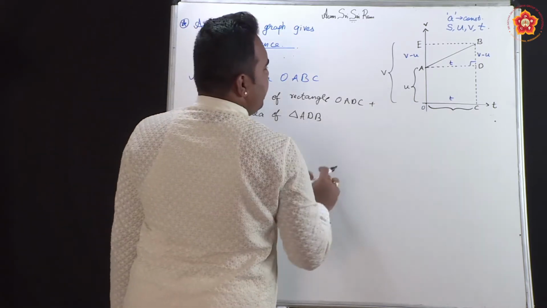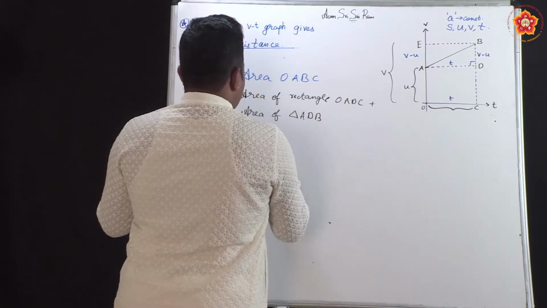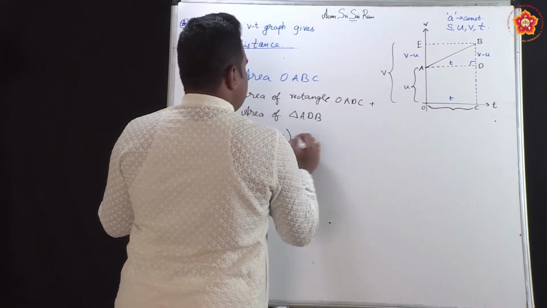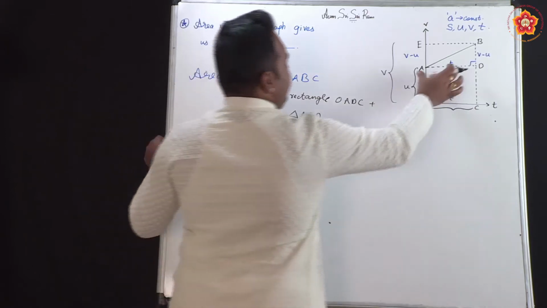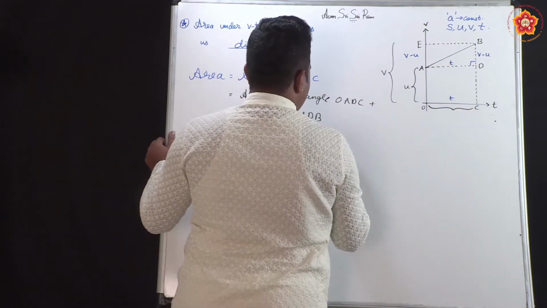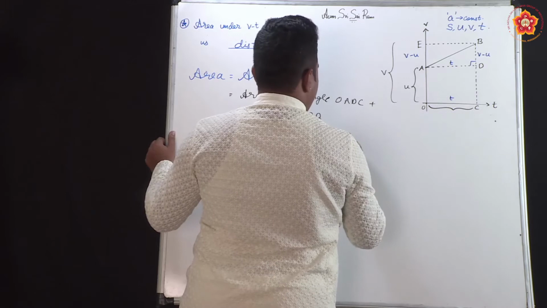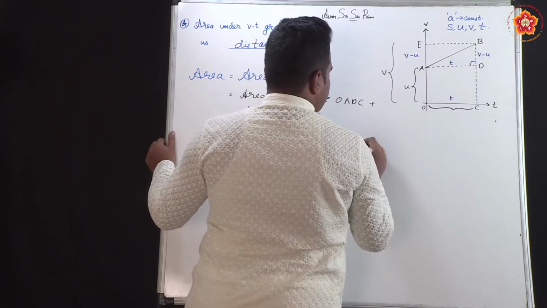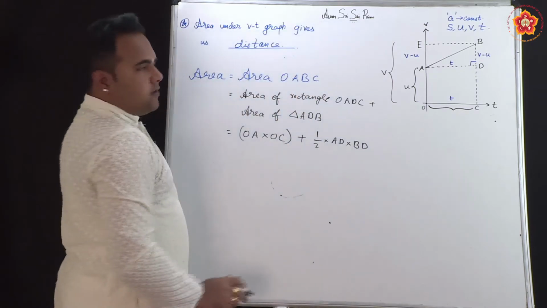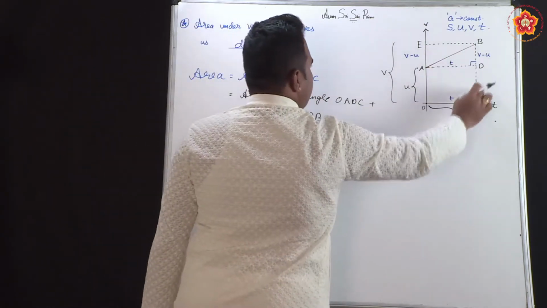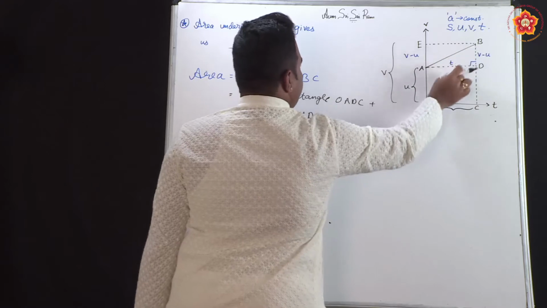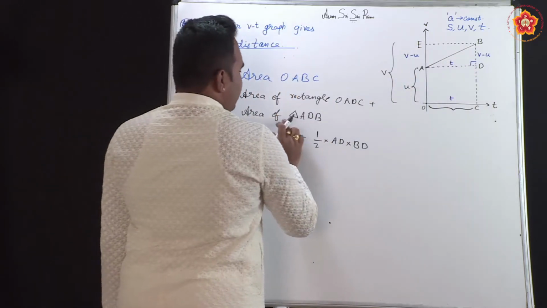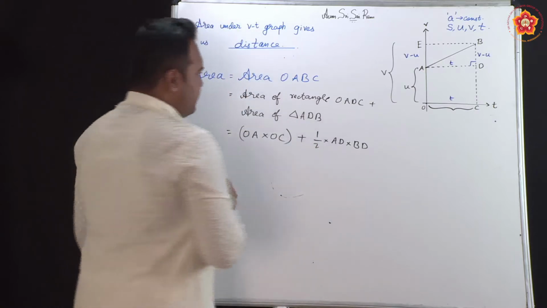Area of the rectangle OA into OC plus area of this triangle, half base AD into height BD. The whole thing is a trapezium now. We have broken it up as a triangle and a rectangle. We calculate the area of the rectangle and add it to the area of the triangle ADB.